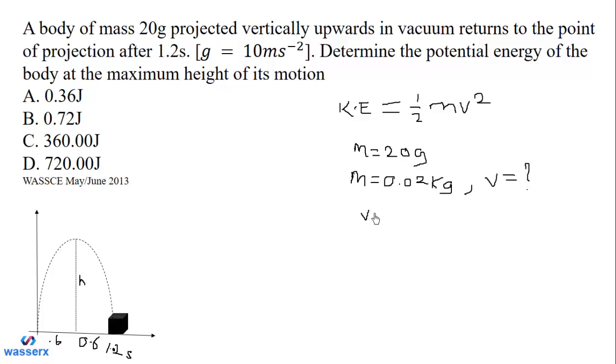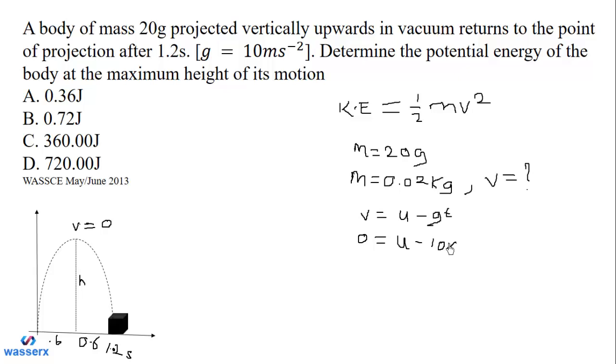We can use an equation from motion, which is v equal u minus gt, since the projection is vertically upwards. Now over here, which is the maximum point, the final velocity is 0. So we substitute the time 0.6 and the acceleration due to gravity, which is given in the question as 10.